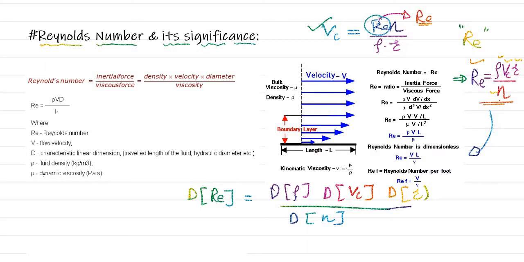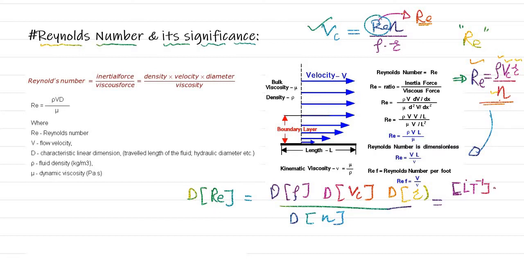Density, we know, is generally measured in mass per unit volume. Velocity has the dimensions 1 in length and -1 in time, meters per second.